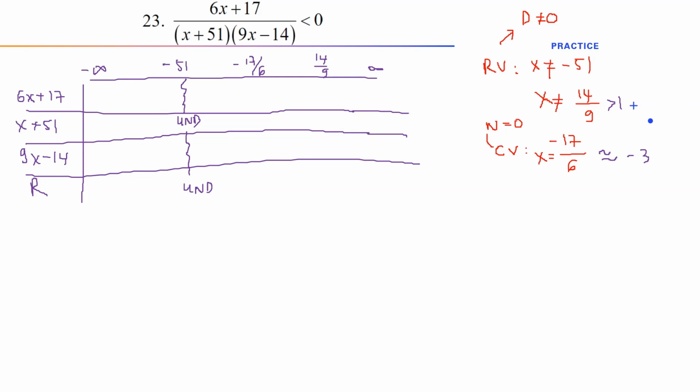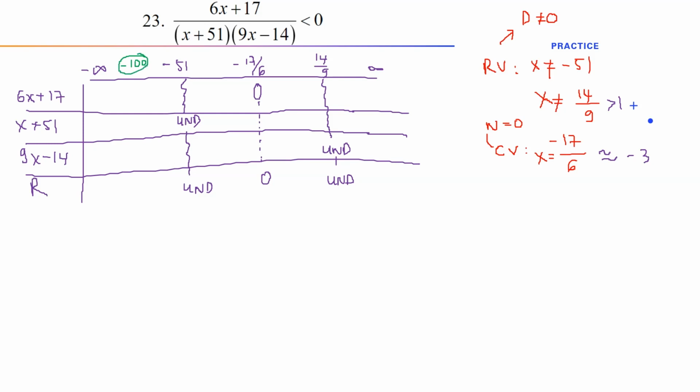The 14 over 9 is undefined. 0 at the numerator makes the whole thing 0. Now we choose the test numbers. The test number for the first region is -100.